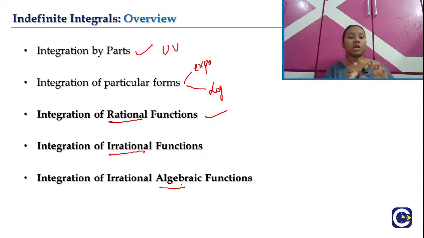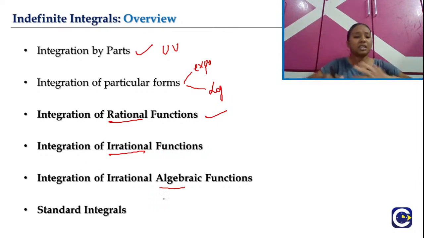Overall, the functions we are going to deal with in today's session are rational functions, irrational functions and algebraic functions. And at last, even for these functions we could have some standard integrals, which make our procedure a bit easier, a step ahead.